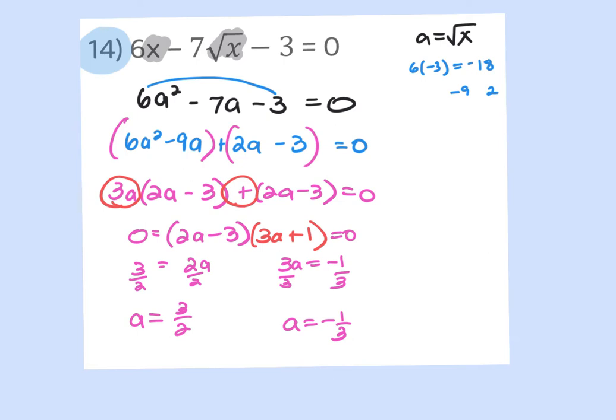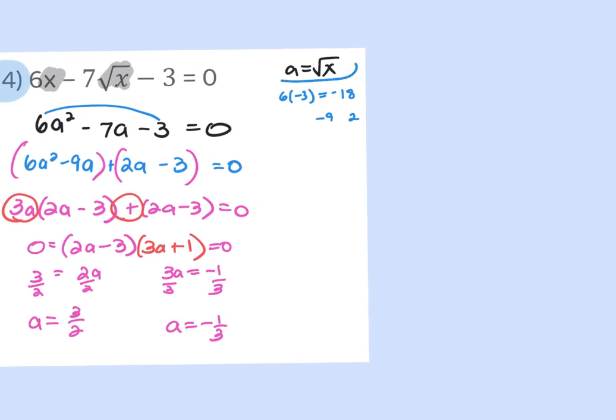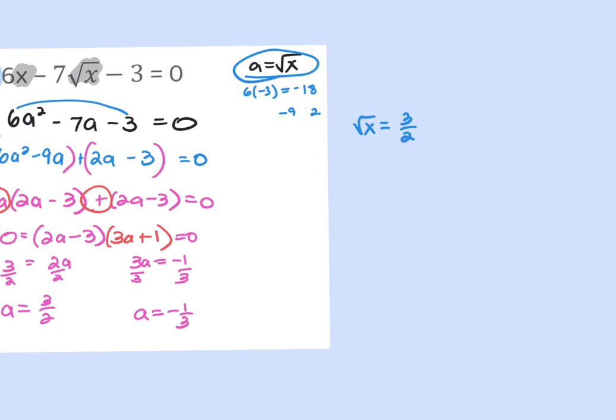Am I done? No, because that's the a part, right? So now I have to plug it back in with what a equals. So square root of x equals 3/2, and square root of x equals -1/3.